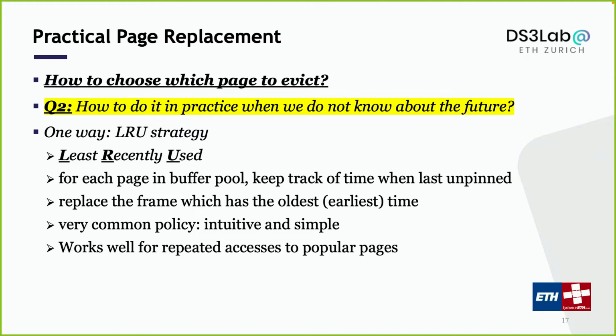The last time this page was used. Whenever you need to evict something, you try to evict the page which has the oldest or earliest time. You try to evict the page that is least recently used. That's why I call it LRU. It's a very common policy, probably the most popular policy. Very intuitive, very simple. And it works well when you have repeated accesses to popular pages.